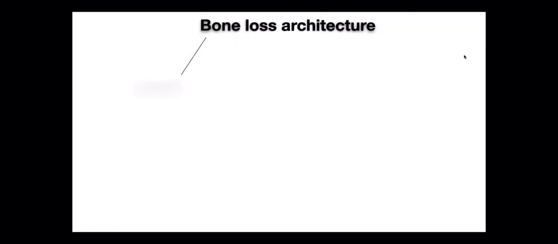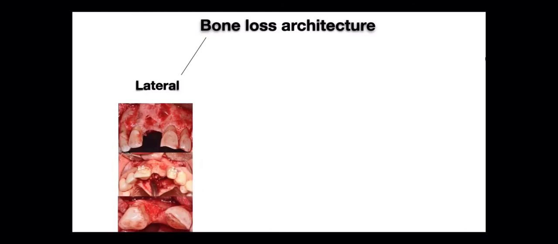So we will start by classifying the bone loss architecture. We have the lateral bone loss architecture, where one of the walls is missing. It can be the buccal wall, and it can be the palatal or the lingual wall.